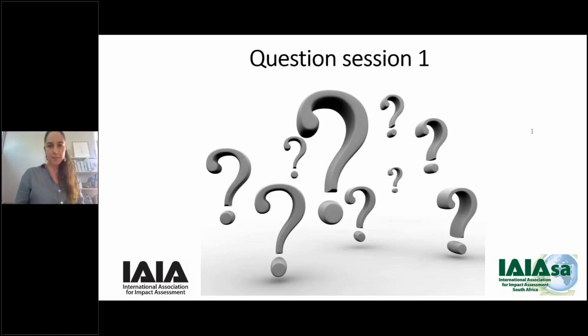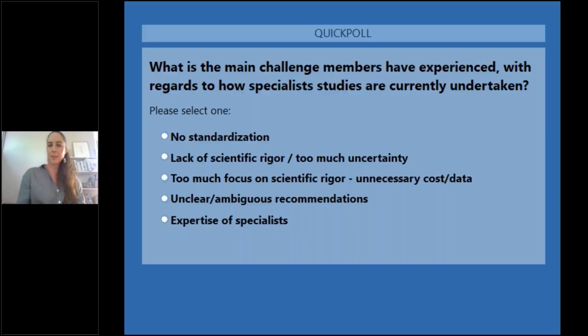As we transition, there's a poll that we're going to put up onto your screen, and we would like for you to take a moment to ponder and respond to the poll. So the first poll question that we have is, what is the main challenge members have experienced with regards to how specialist studies are currently undertaken?